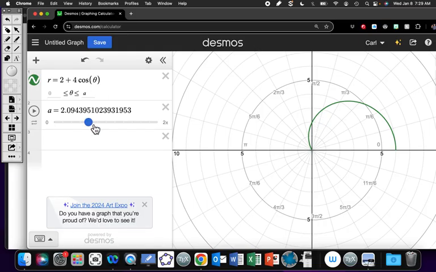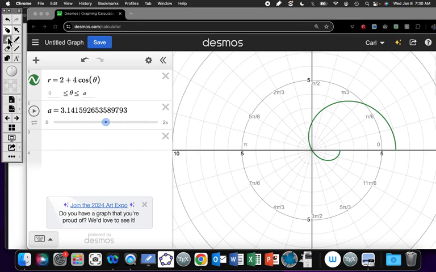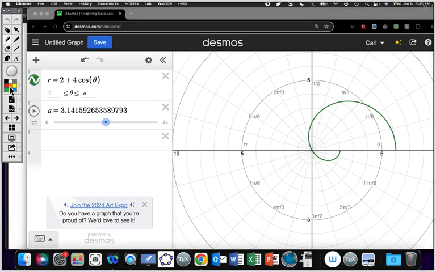And now we pass through from 2 pi over 3 to pi. We're graphing now over here. So this is what I'm talking about with this idea of the tangent at the pole. This 2 pi over 3, right on the graph with the r theta graph, 2 pi over 3 is where the r went from positive to negative.